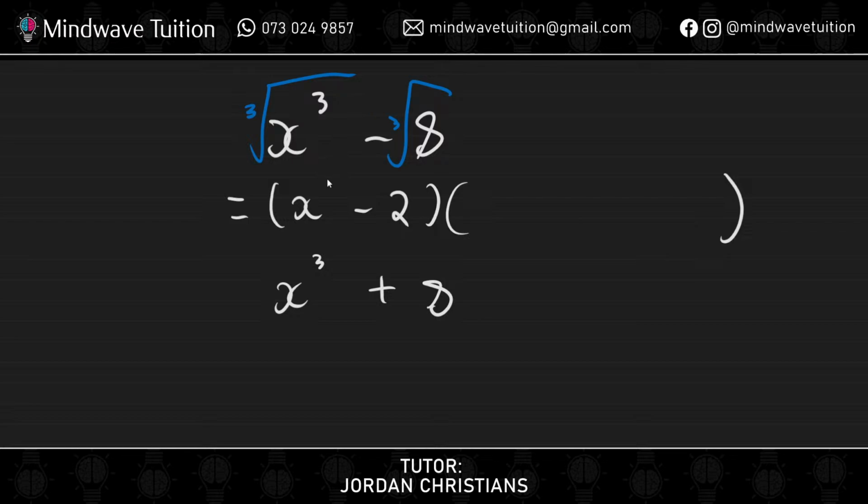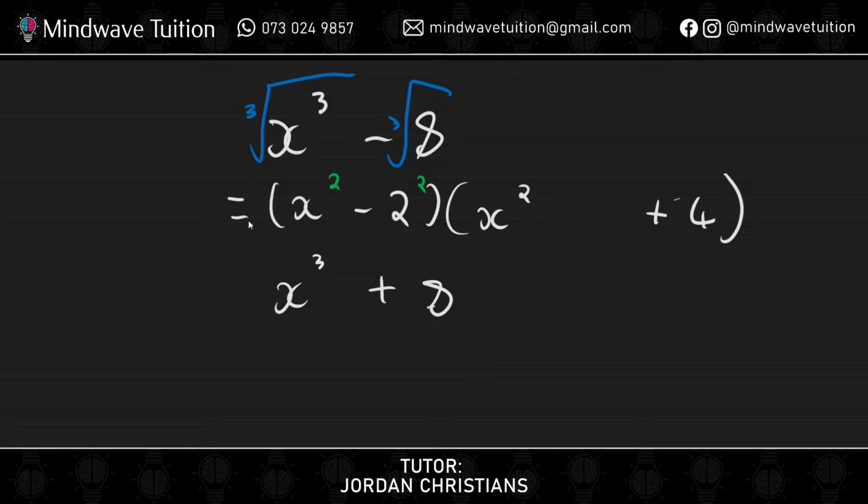Second step is you now can basically ignore the first part of the question, because what we need to answer the second bracket is this first one here. So what goes in the second bracket will be the square of both. So the square of x will be x squared, and the square of 2 will be 4. Note that these will always be positive regardless of what's in here, because anything squared, whether it be positive or negative, should give me a positive answer.